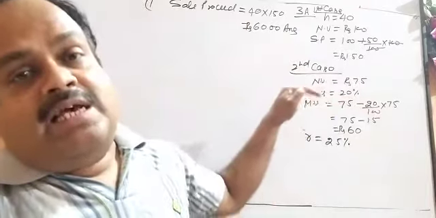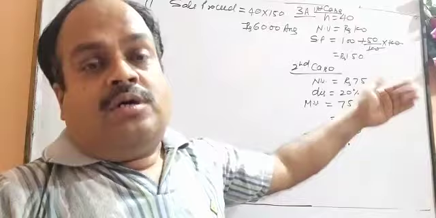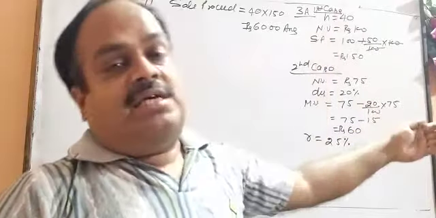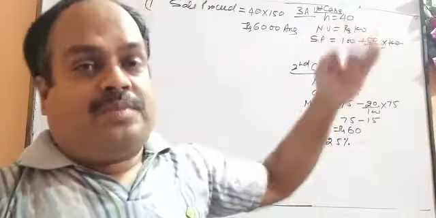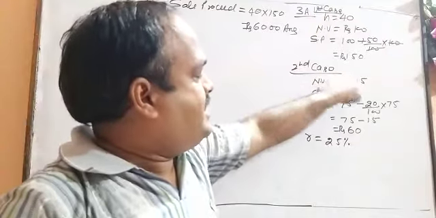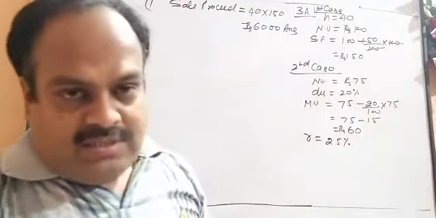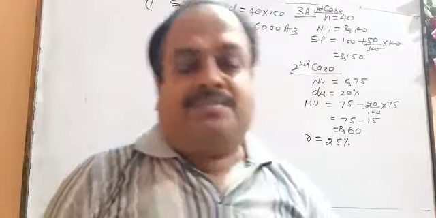Now this sale proceed is invested into the other company to purchase 75 rupee shares at a price of 60 rupees. So we can find out the number of shares.